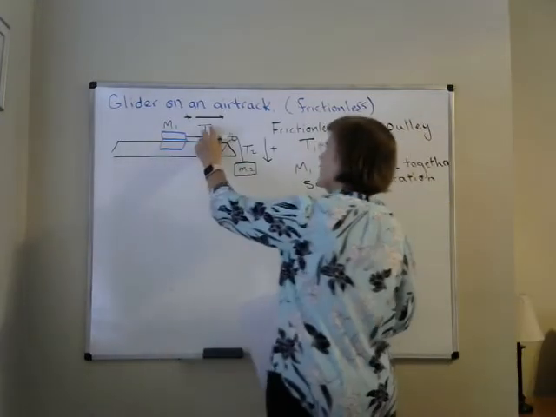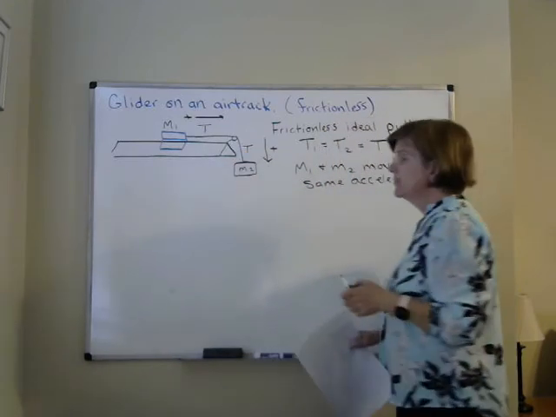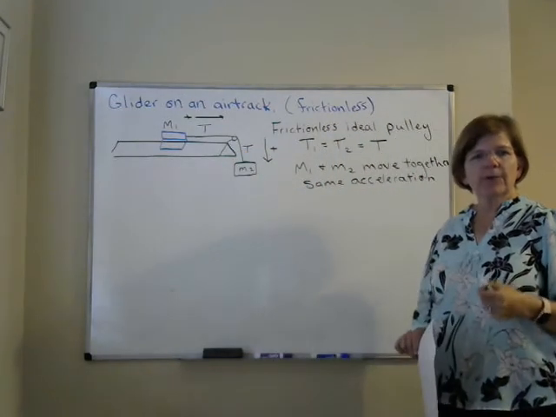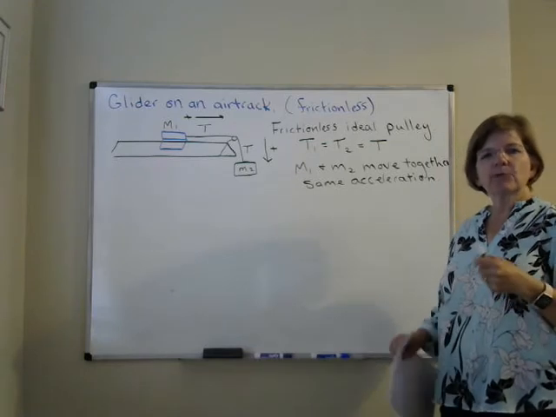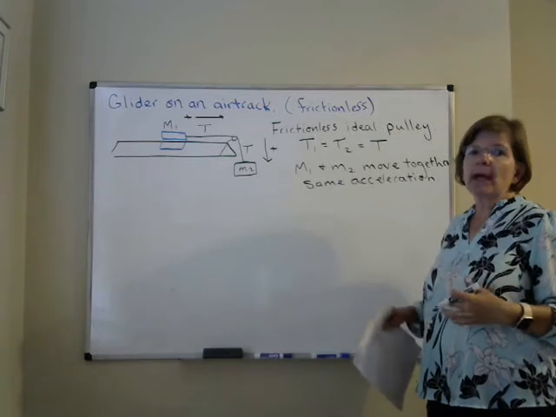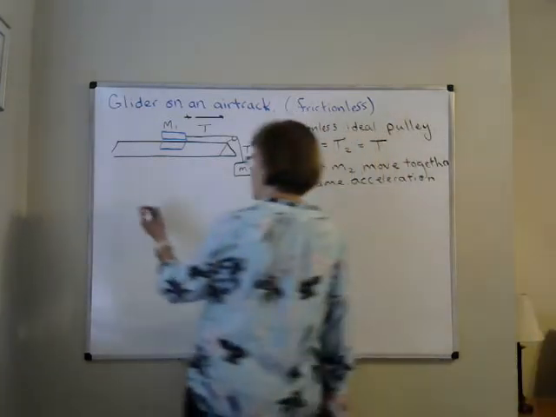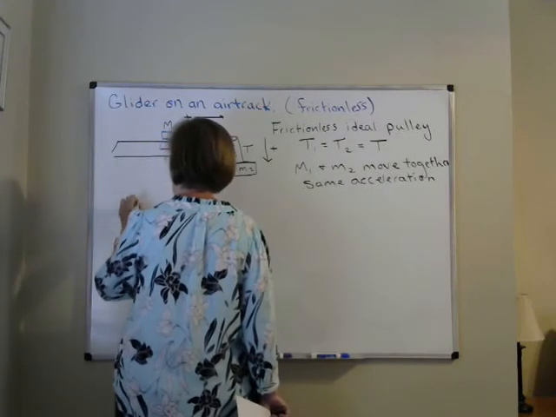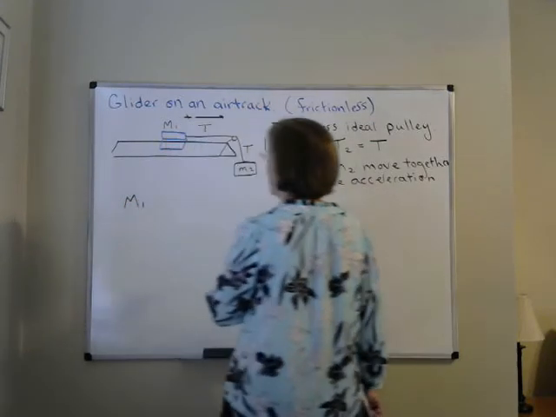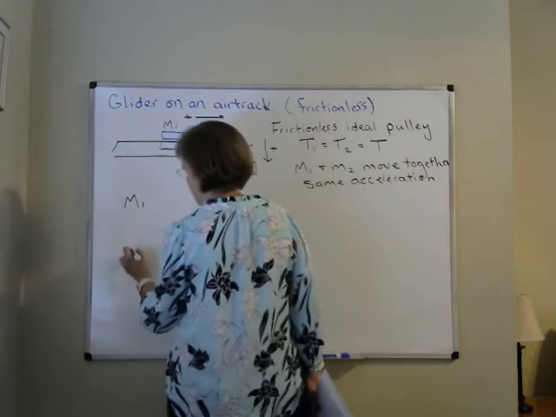I really don't need the 1 and 2 now that I know that those are the same. I do need 2 separate free body diagrams. Anytime I'm drawing something and I have 2 masses, each mass has to have its own free body diagram. So for mass 1, if we were to draw its free body diagram, it would look like this.